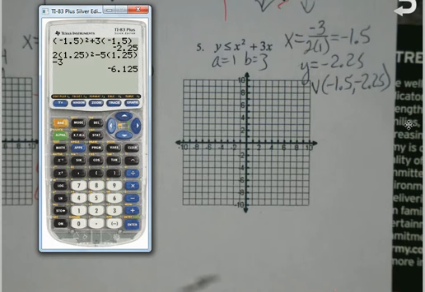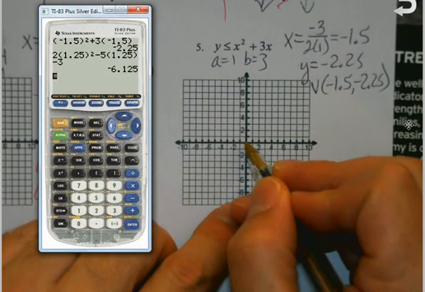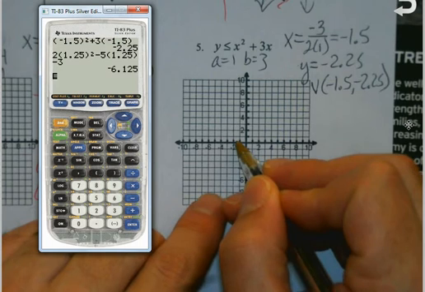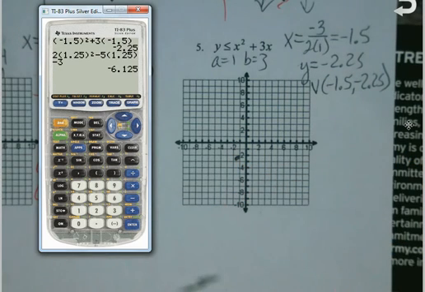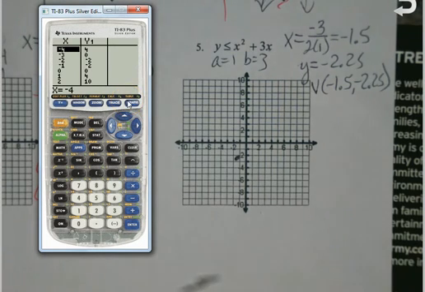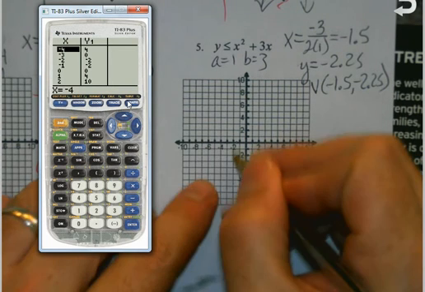You're like, okay, but so negative 1.5, negative 2.25. Okay, that's about here. What am I supposed to do about getting my other points? I mean, I could kind of get an idea from this and get some of my other values. I could do negative 2.